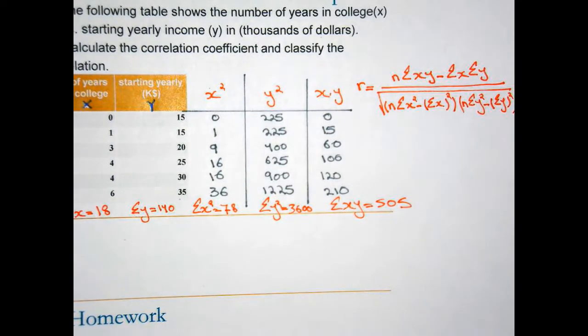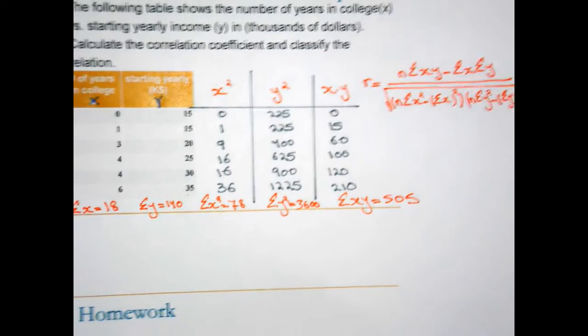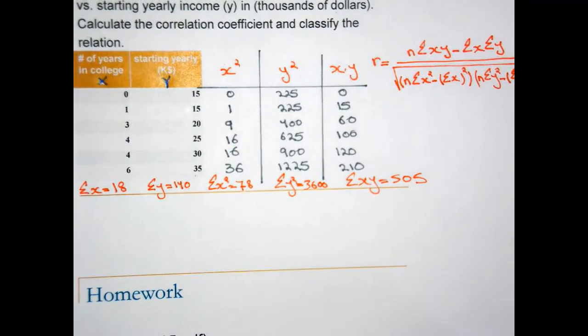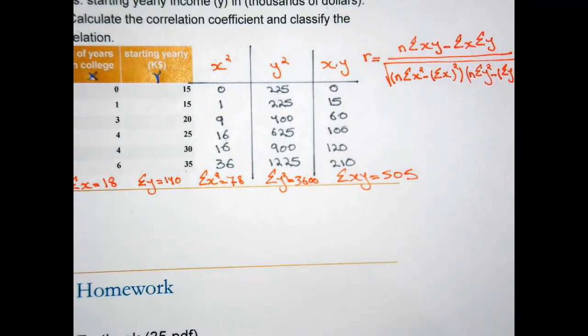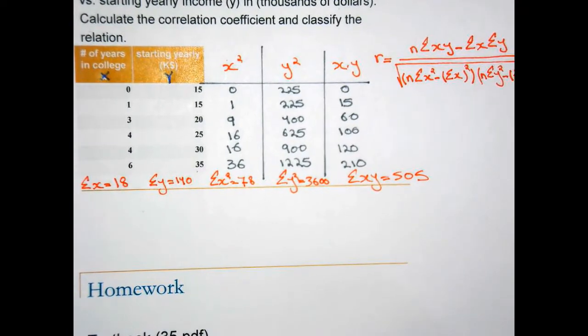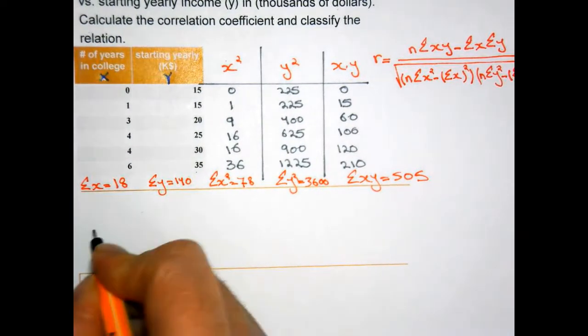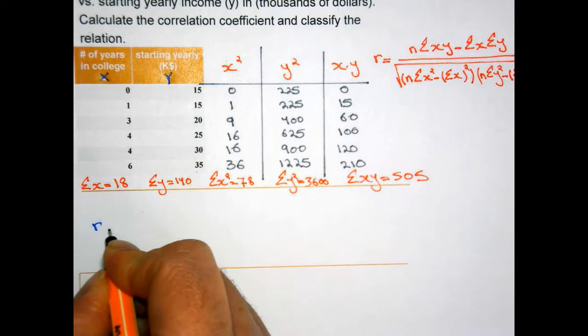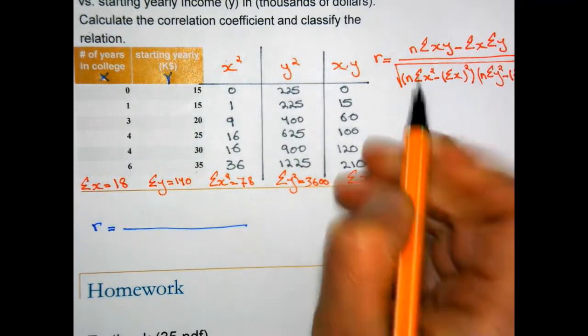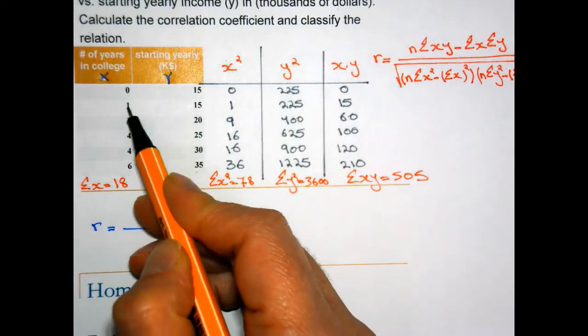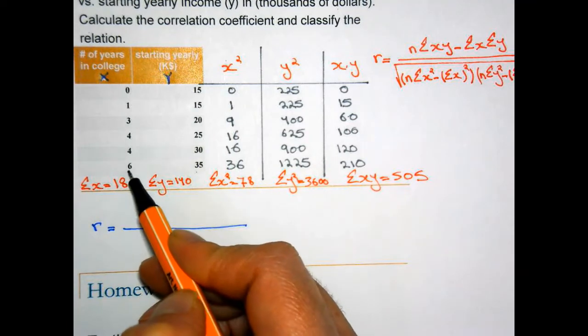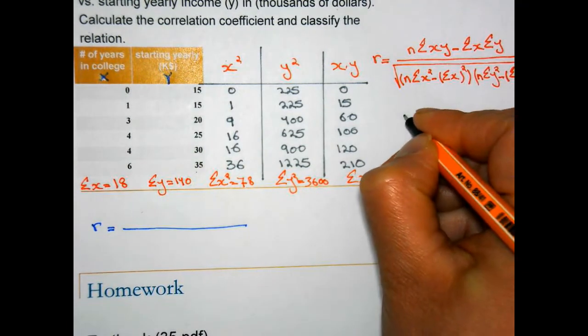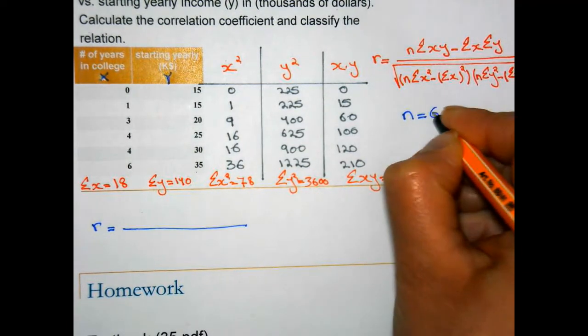So now we are ready to put all these numbers in the formula. R equals n, and we have 1, 2, 3, 4, 5, 6, so in this case n is 6.